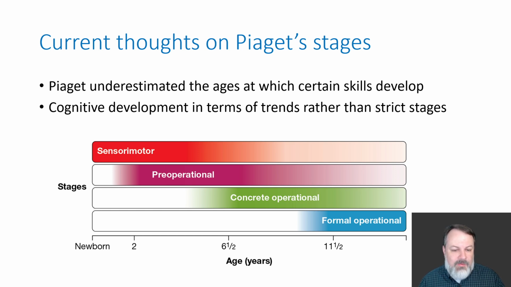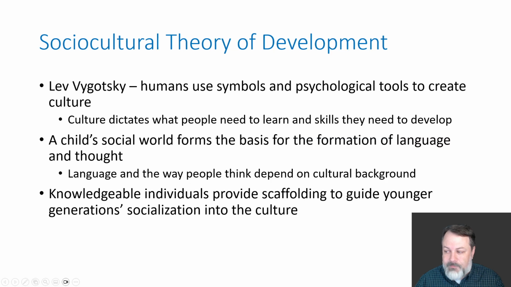But really, these are continuums, things that develop over time, and there might be aspects of one stage that are developing as another. It's not that you must accomplish these milestones before you can move on to the next stage. So they're better thought of as trends rather than strict stages.